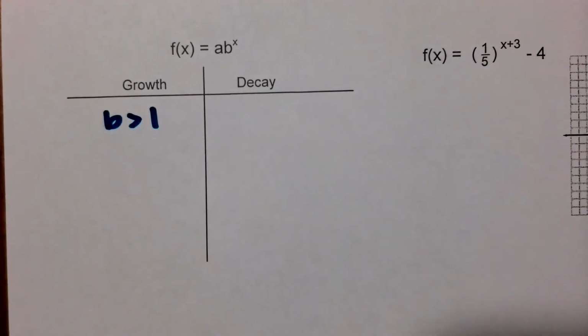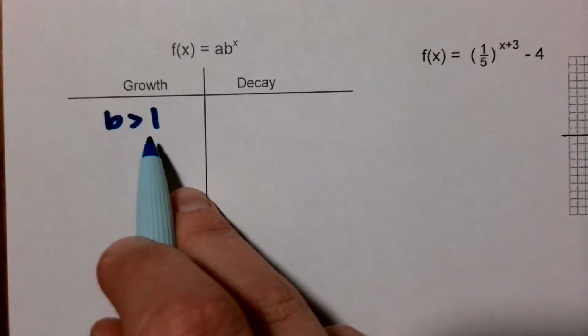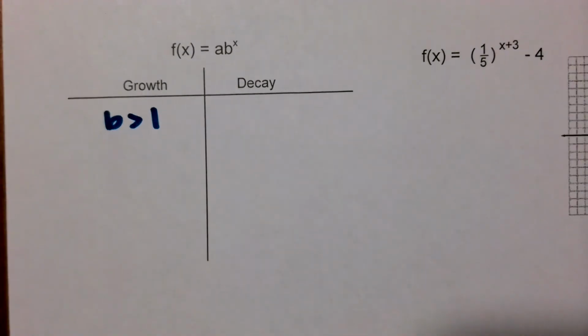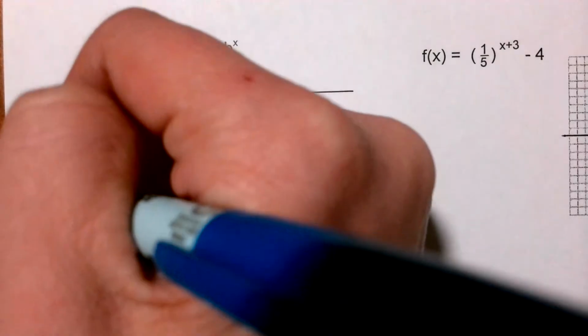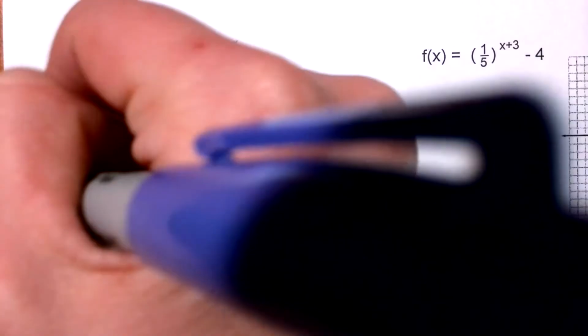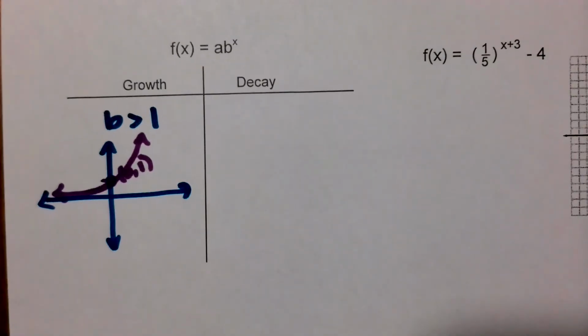Because if my b is greater than 1, that means I'm raising 2 to higher and higher powers, 3, 4, and they can be decimals and all of that as well. But as long as it's greater than 1, then when I'm raising it to higher powers, it is growing. In general, it's going to look like our parent function, where we go through the point (0, 1), we're close to the x-axis, and then increase from left to right.